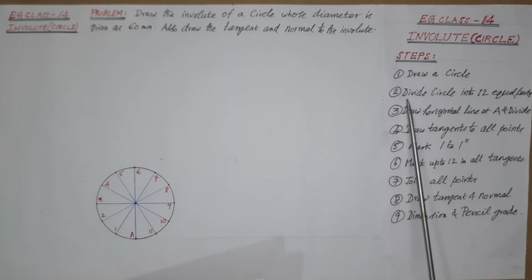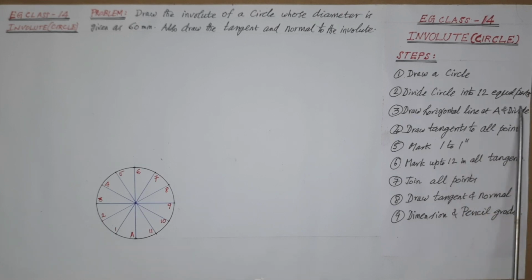Then, as per step 2, divide the circle into 12 equal parts.